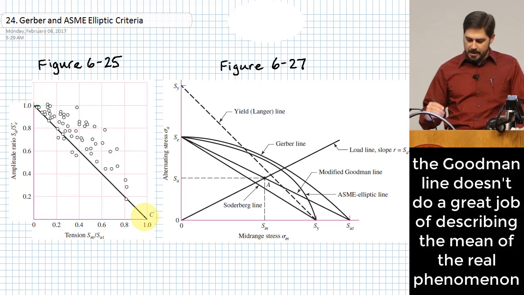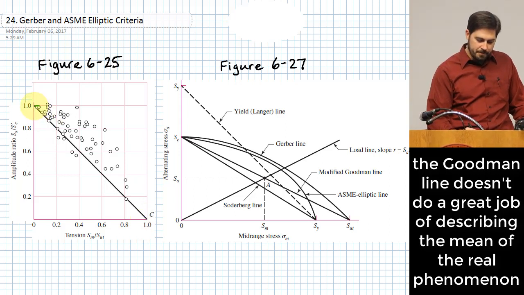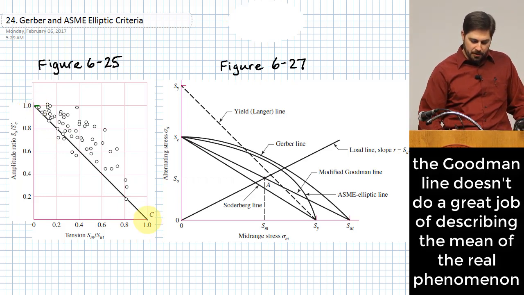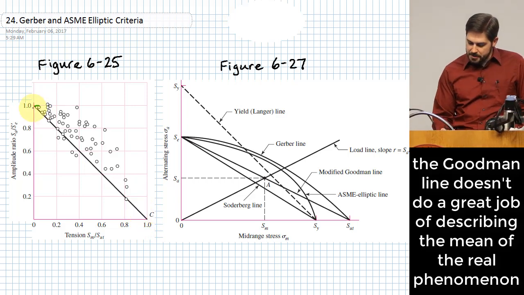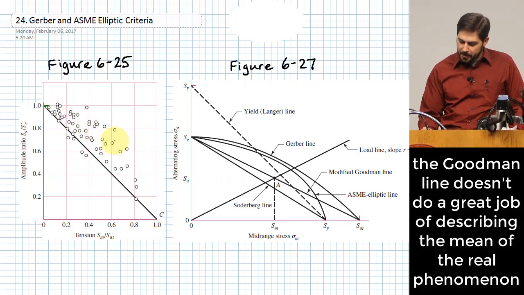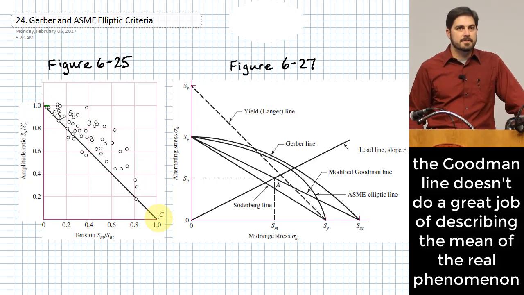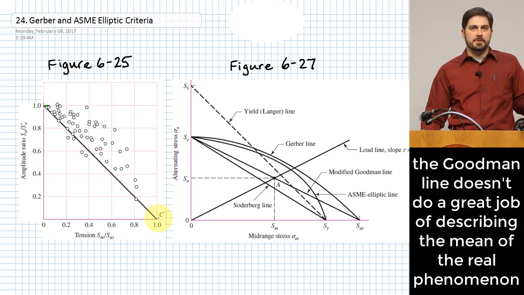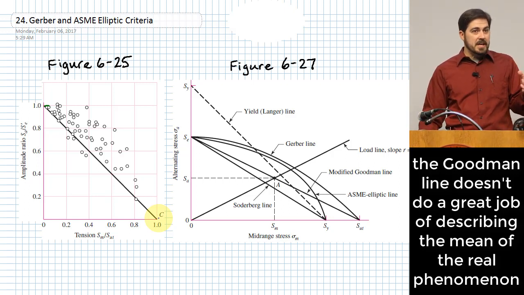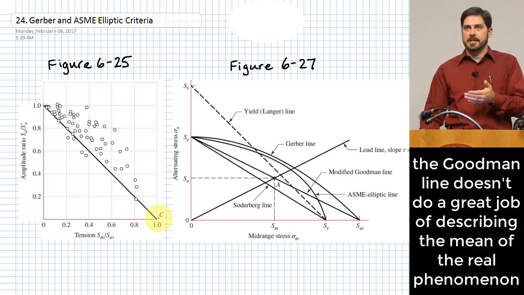It's a straight line drawn essentially from the endurance limit value down to the ultimate strength value. What you see here is that most of the data lies above that line. So in other words, the Goodman line doesn't actually do the best job of describing the mean of what the phenomenon actually is.